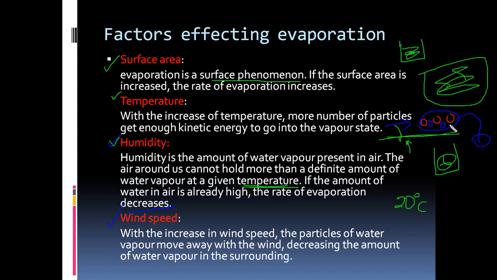Now this region is empty of water particles. Now more water particles from this region can evaporate and deposit here. So as the wind speed increases, the rate of evaporation also increases. As the water vapor in the surroundings decreases, the rate of evaporation increases.